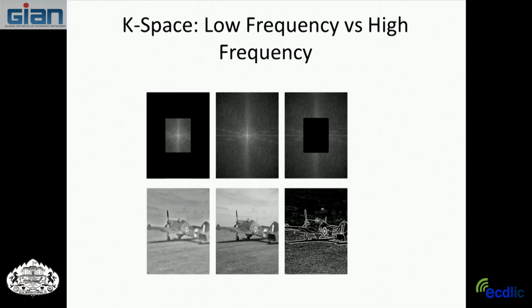But the high frequency information, which you can see on the right, can you guys see those black squares in there? Okay. We're blocking out the lower frequency information and only looking at the high frequency. And what you would get in this case is the detail of the image.